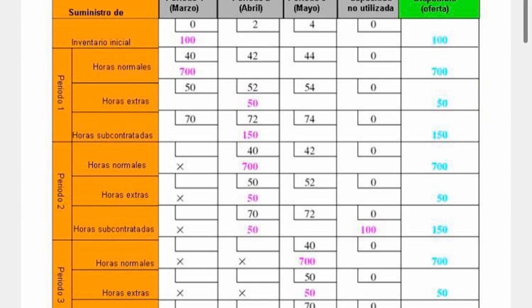Starting inventory has 0 unit cost. Transportation problems demand that supplies match demand. That is why a dummy column is added that reads unused capacity, whose cost is 0.